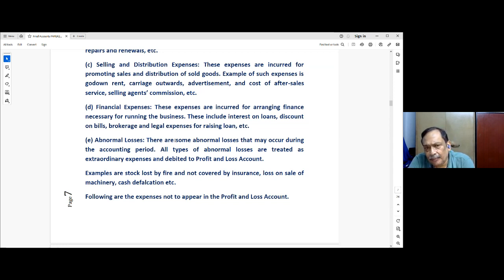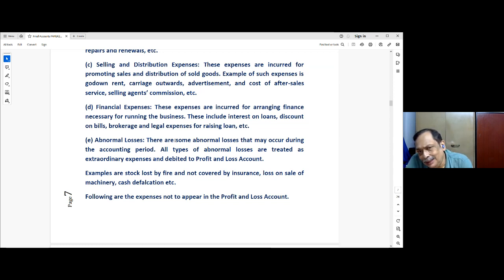There are some abnormal losses that may occur during the accounting period. All types of abnormal losses are treated as extraordinary expenses and debited to the profit and loss account. Examples are stock lost by fire and not covered by insurance, loss on sale of machinery, cash defalcation by the cashier, etc.